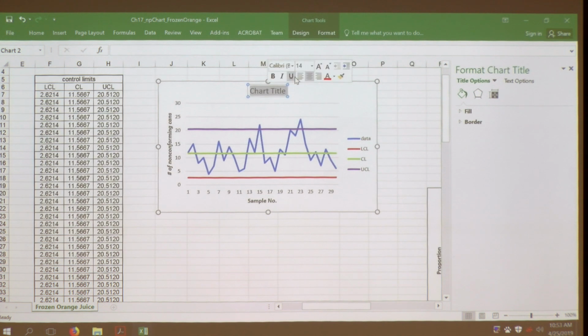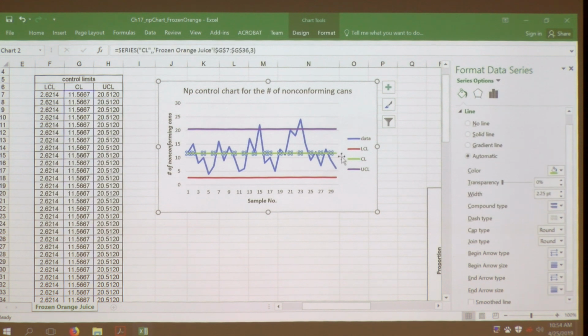Then you say NP control chart for the number of non-conforming cans. Then people say, oh, you are the quality engineer, and you have created this control chart, and you have the legend showing me, oh, this is the data, and this is the upper control limit, this is a center line, this is a lower control limit.